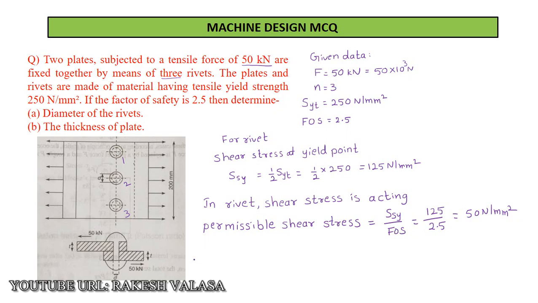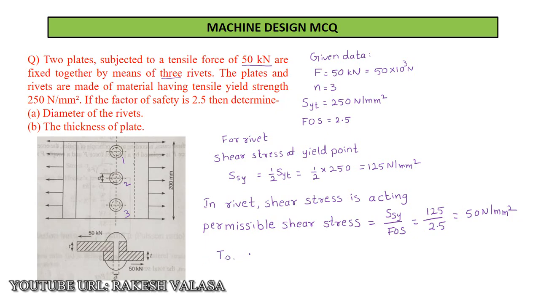Now find out the total shear stress. Here, shear stress is acting at the rivet shank or body diameter. So here he has given three rivets. So find out the total shear area.